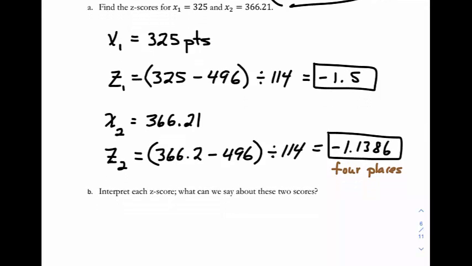We know that for that first one, x is equal to 325 points, then the z equivalent for that is negative 1.5.